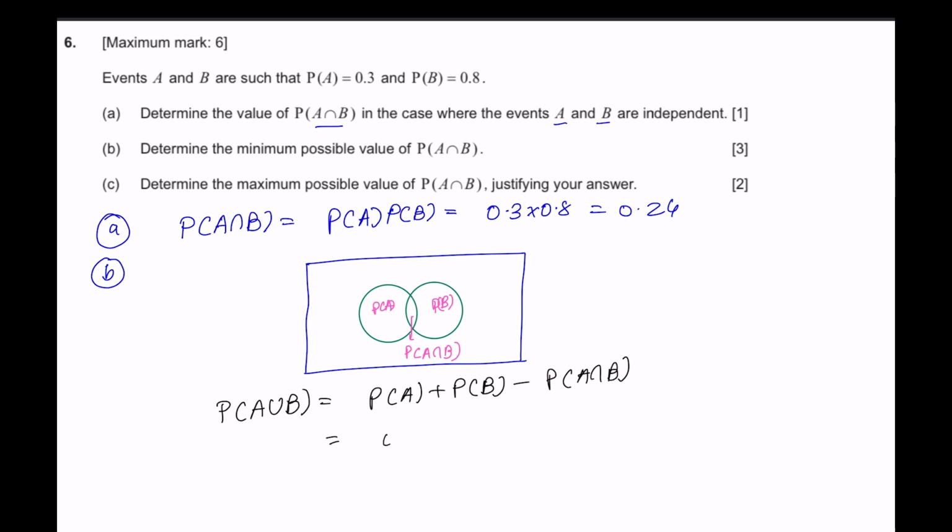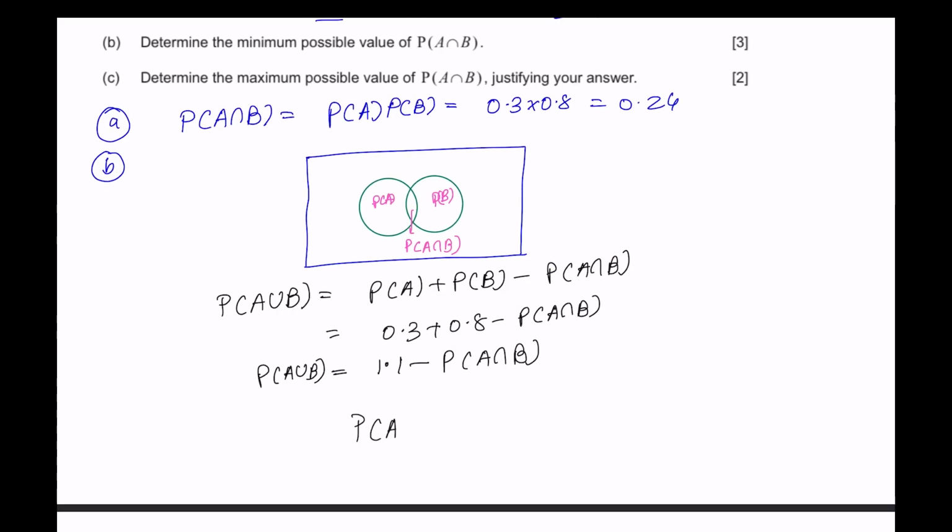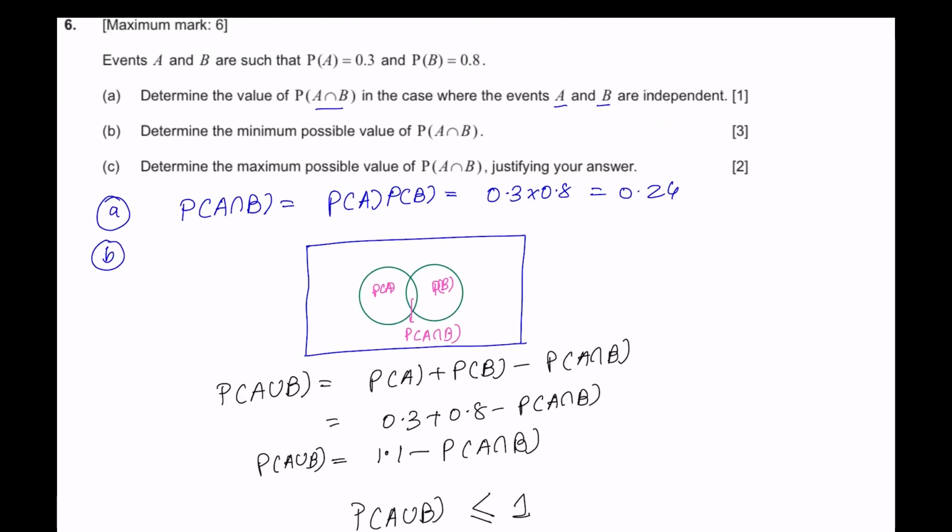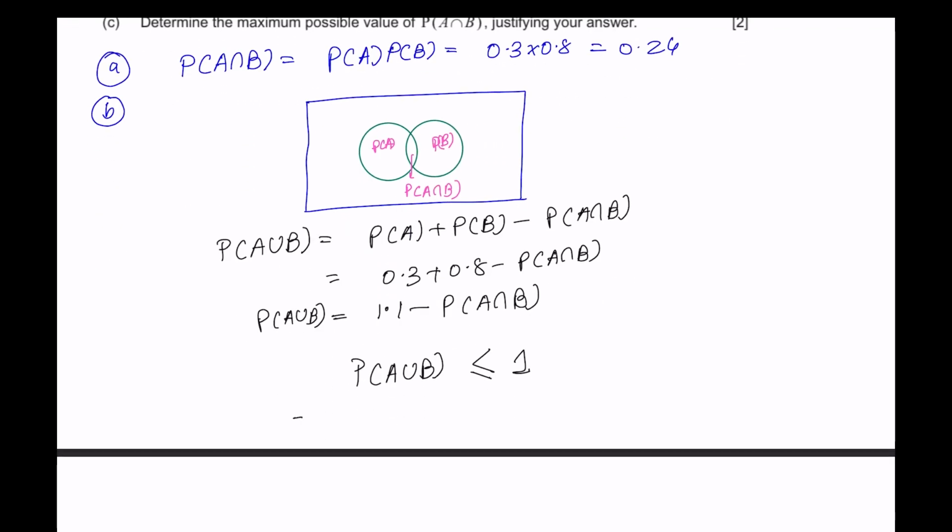Now if I plug in the values of P(A) and P(B), we finally get P of A union B as 1.1 minus P of A intersection B. Now P of A union B will of course have a value less than or equal to 1. It can be equal to 1, or it can be less than 1. Now, yeah, I can just plug this thing here.